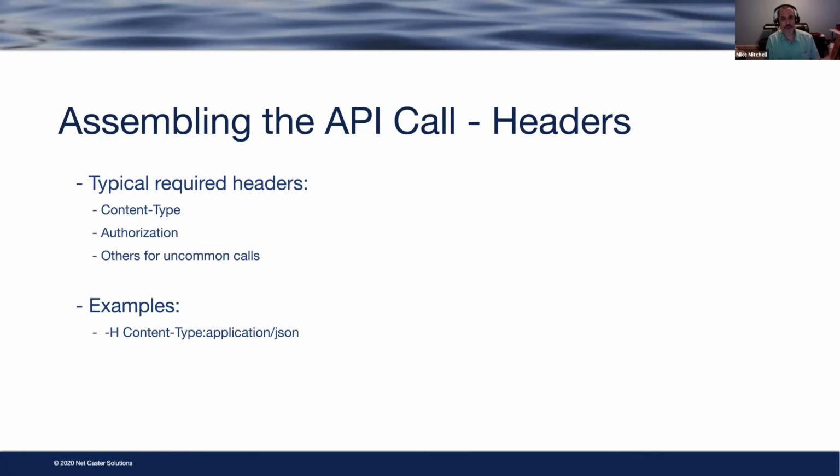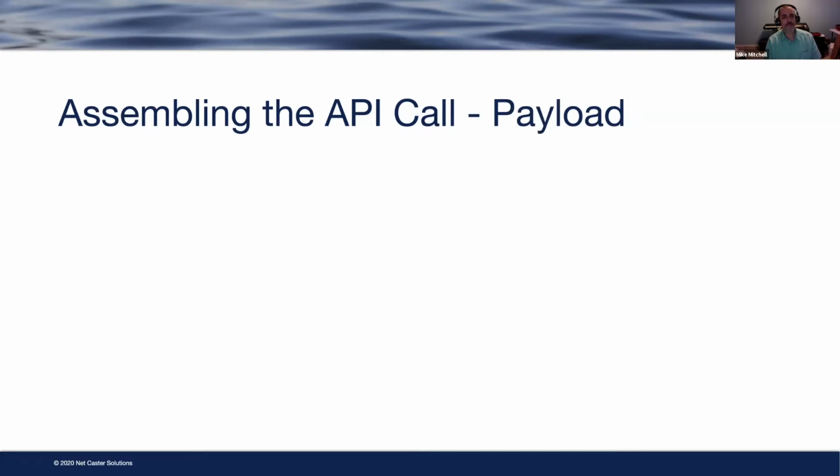This is a typical content type header for most of the calls in the Data API. Authorization basic is another header, and we'll see that in the sample file.